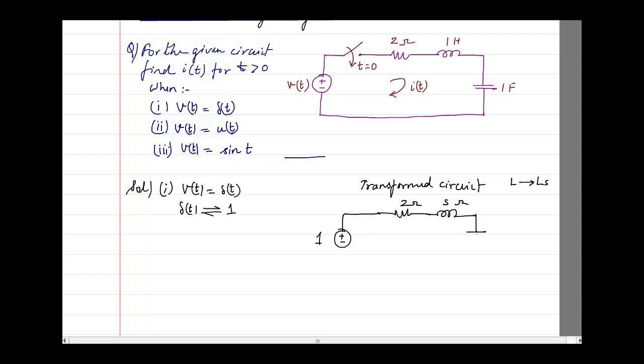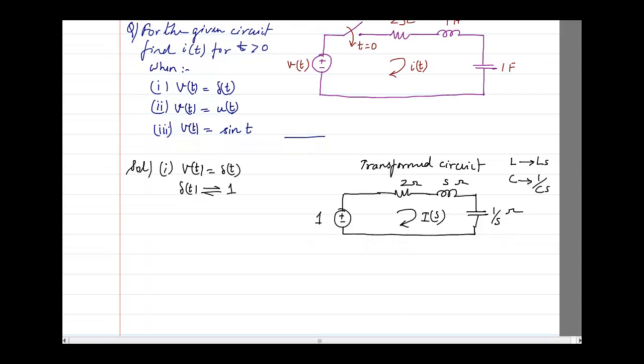Similarly, if it is a capacitor C, then we transform it to 1 by Cs. Here C is 1 farad, so I can write this as 1 by s ohms. And this is the transform circuit, and the current I of t is basically I of s.